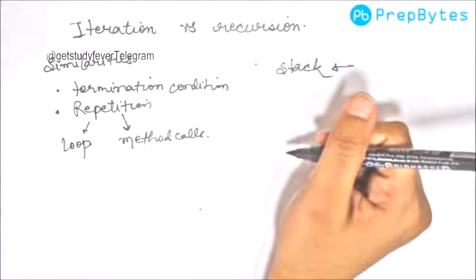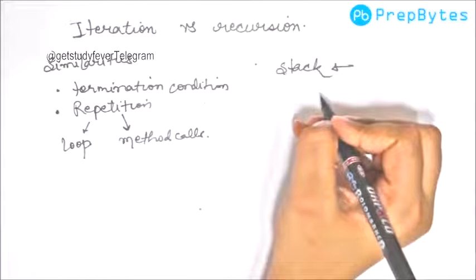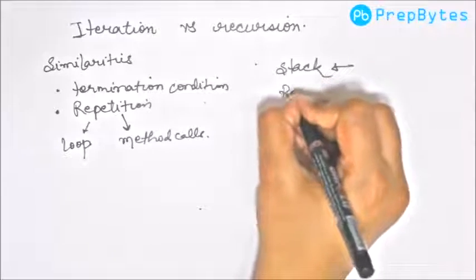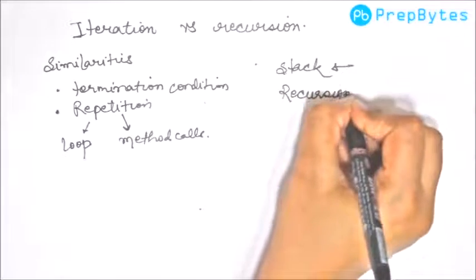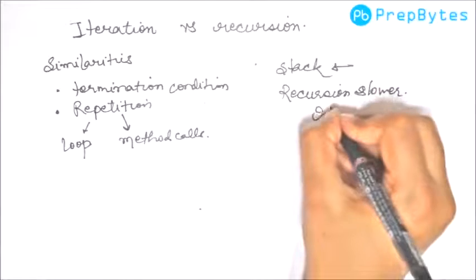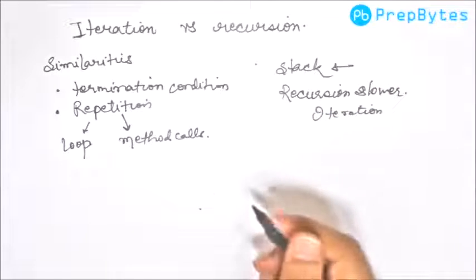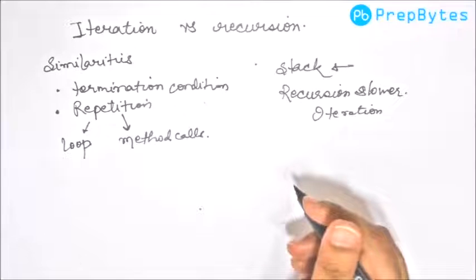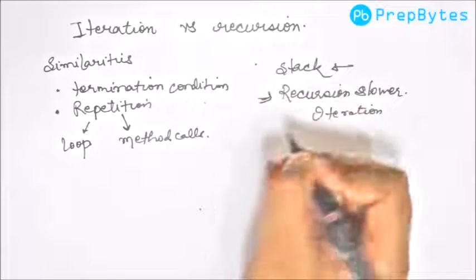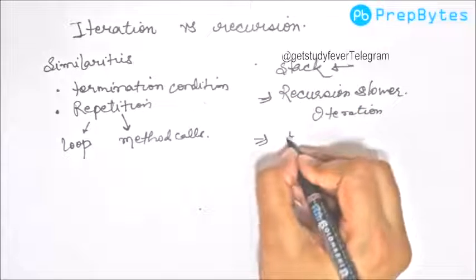Since stack is involved, recursion is slower than iteration, since we have all the overhead of storing in the stack and removing from the stack. This whole overhead actually makes recursion slower, and also recursion needs more memory than iteration.